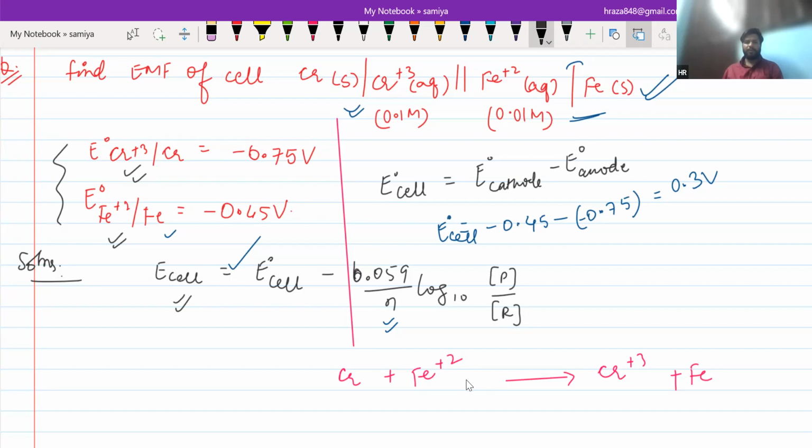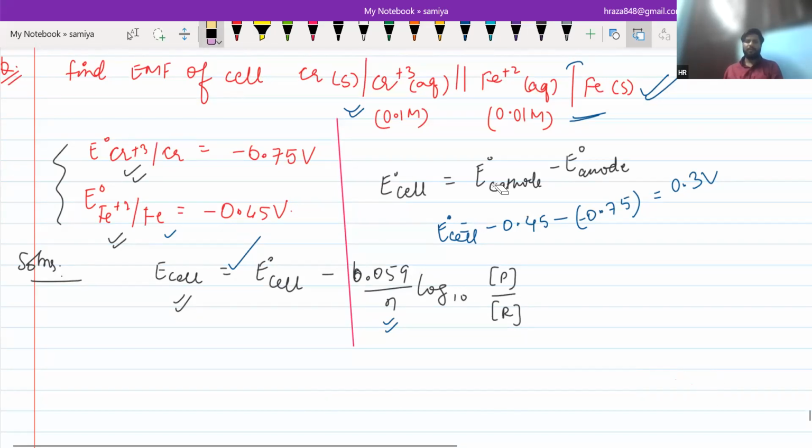So you can see it will be basically plus 2, 3 multiplied by 3. Oh, wait a minute. Just write half equations and it will be very easy.